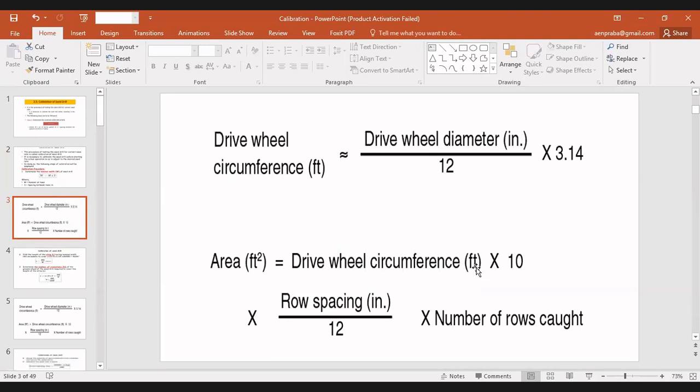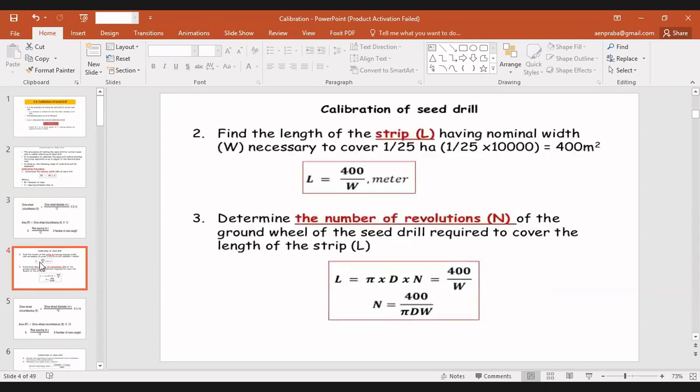Sometimes it is in feet, then you will convert it to meter. Sometimes inch, but everything we will give you in meter. Don't worry, this is the equation. Write down very quickly.